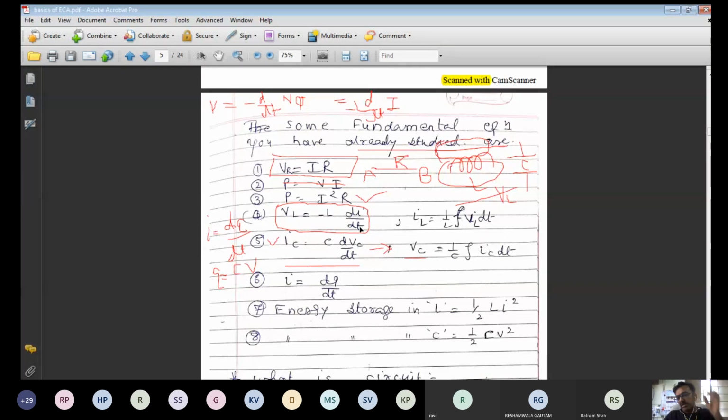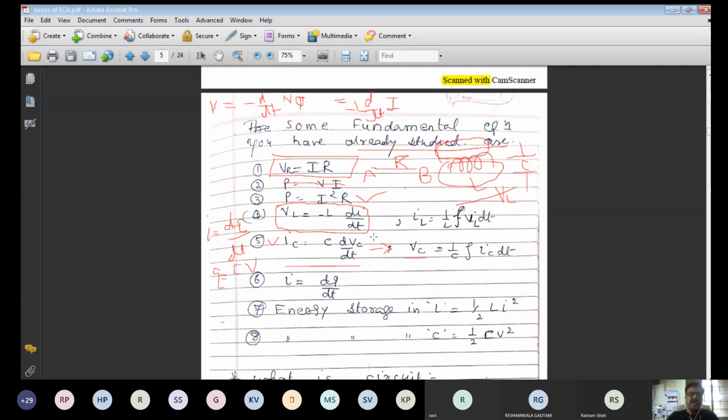These are very important equations, so you have to note them down. You are all familiar with them, but they are most important, as we have to use these three equations in the succeeding lectures. V is equal to I into R is Ohm's law. VL is equal to minus L di by dt because of Lenz's law, it is always opposite to the cause that produced it. And IC is C dV by dt. You always have to remember these three equations.